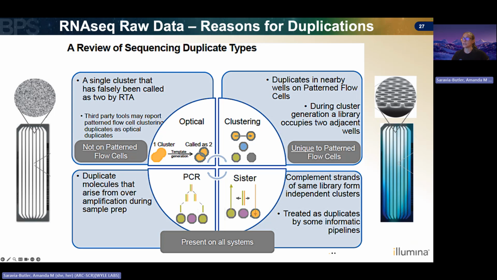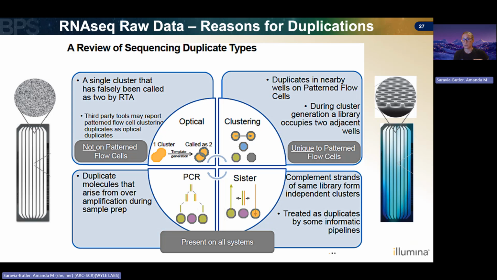Also down here, these types of duplicates happen on both unpatterned and patterned flow cells. One, as we talked about, could be a PCR duplicate. So at that final step in library preparation, we amplify the amount or make copies of our libraries using PCR. So the copies that we make are technical in nature.